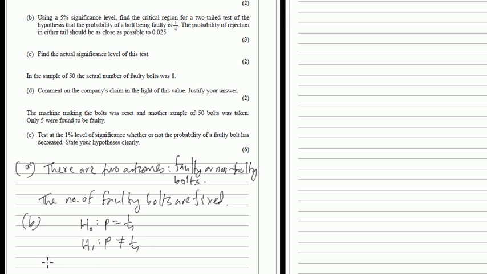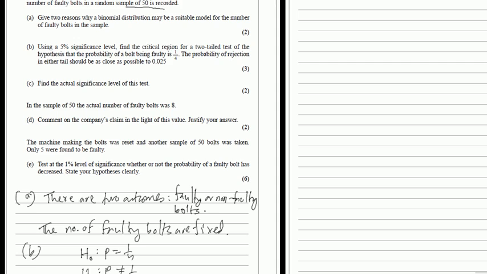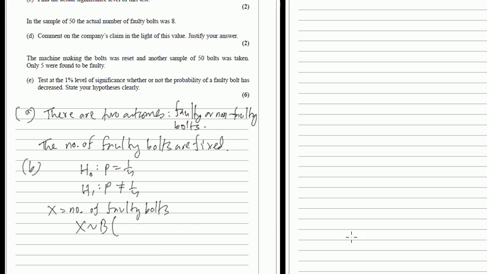So the distribution is going to be X equals the number of successes, that means the number of faulty bolts, and the distribution would be B(50, 1/4), and 1/4 is 0.25. So we want to find the critical region.